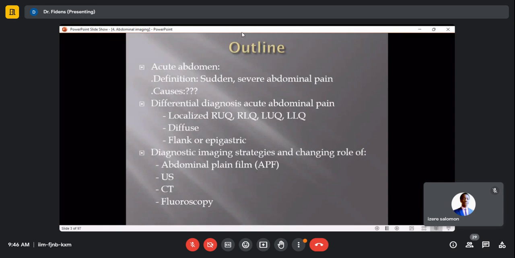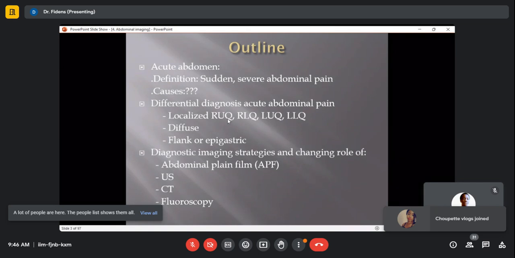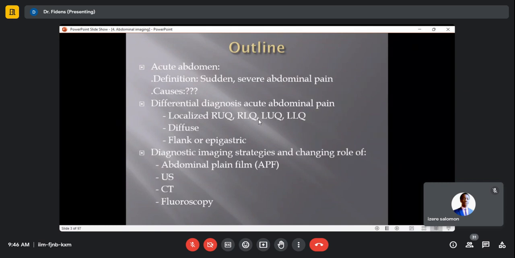When the pain is localized, it can be in the right upper quadrant or right lower quadrant or left upper quadrant or left lower quadrant. It can be localized in the epigastrium, the hypochondrium, or even the umbilical regions. Sometimes you have diffuse pain where it is not localized.